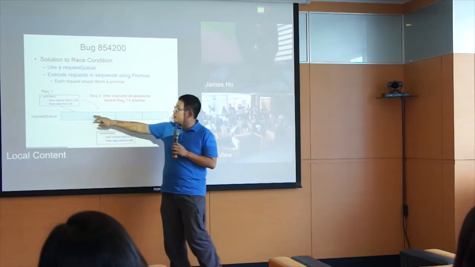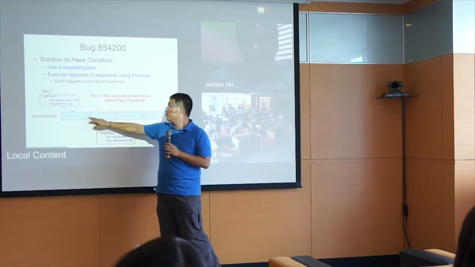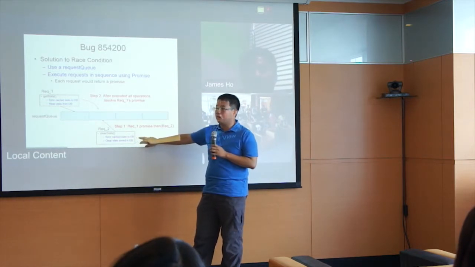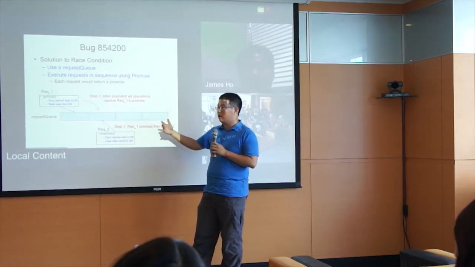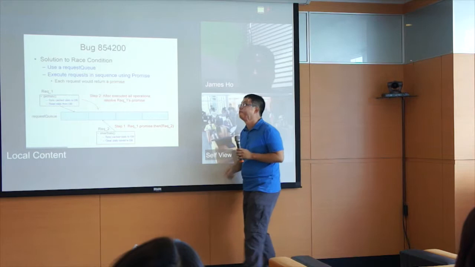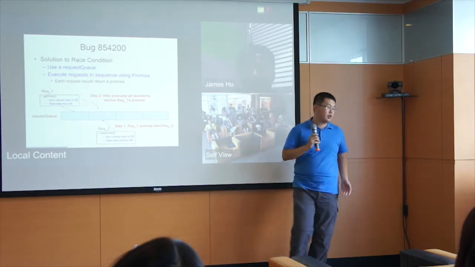So when the execution of the first request is done and the promise is resolved, this will automatically execute the operation of the second request. And so the execution sequence is guaranteed, and this also avoids this condition. This is what I did in this third part.